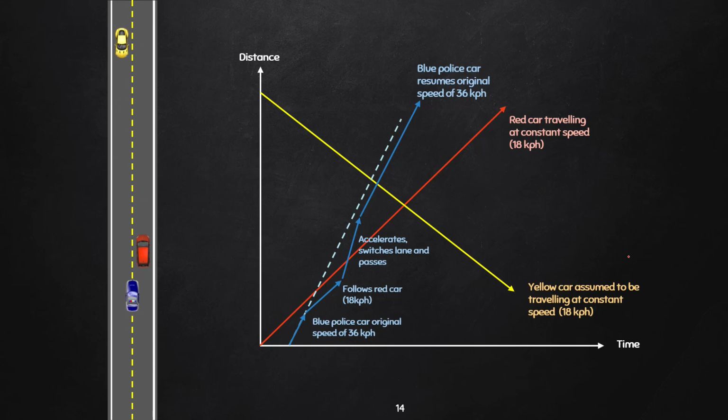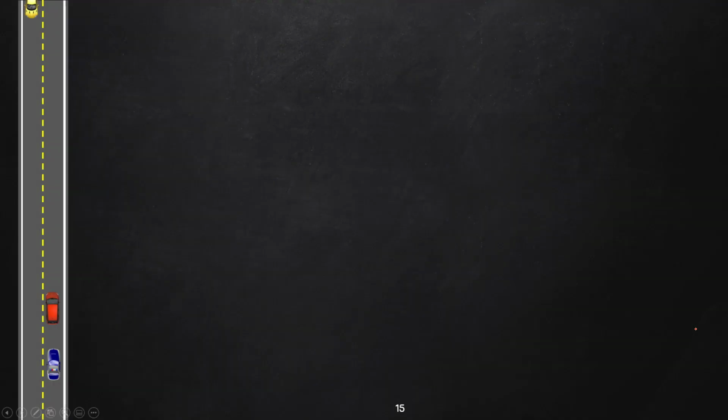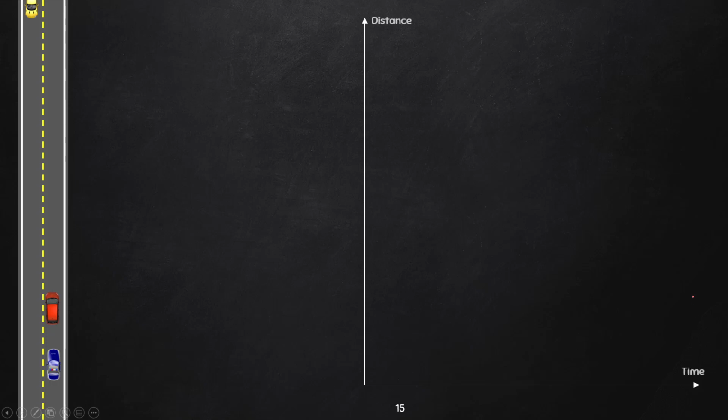Okay, now let's try to separate the different scenarios that are happening in this instance. So let's start with this one. Still, we have the distance-time graph shown here.